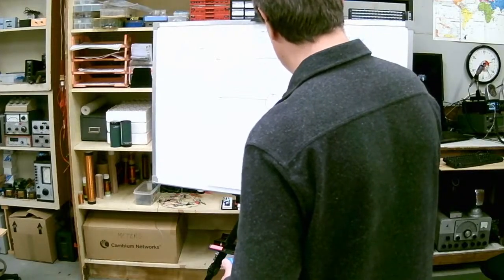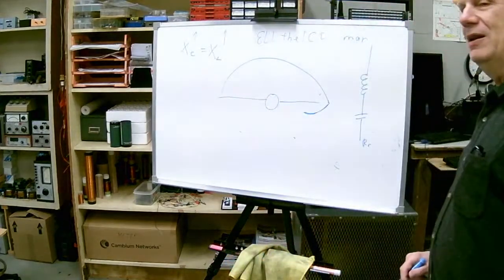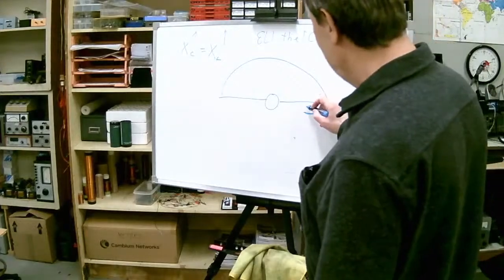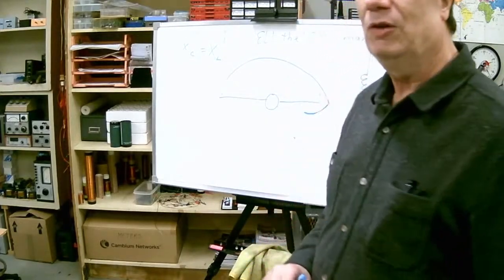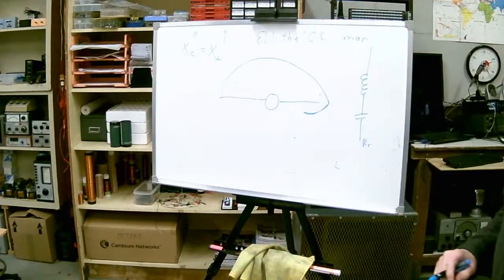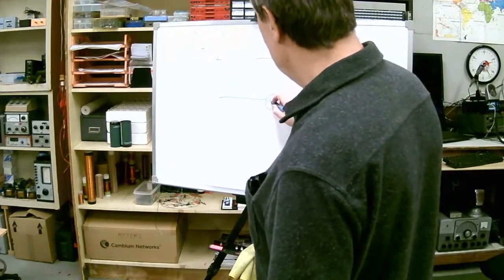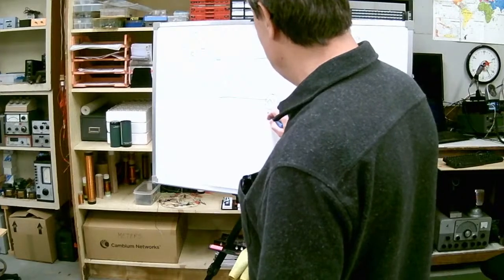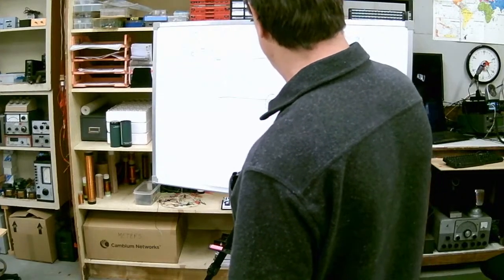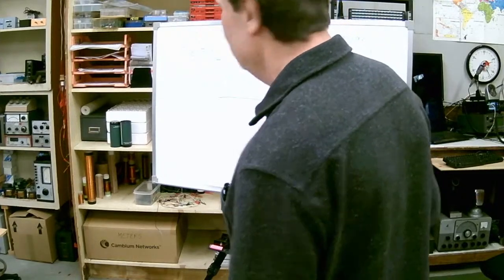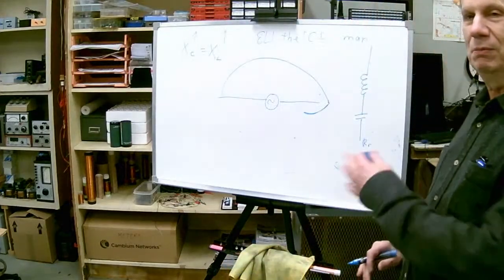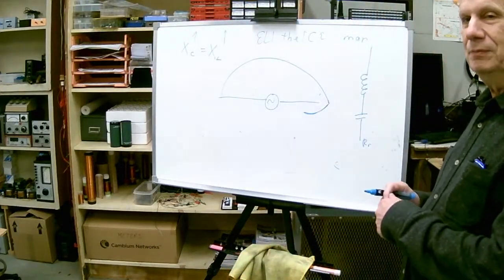So the current is shifted even further relative to the voltage. We have a shift in this direction, so the current is delayed by the voltage here.